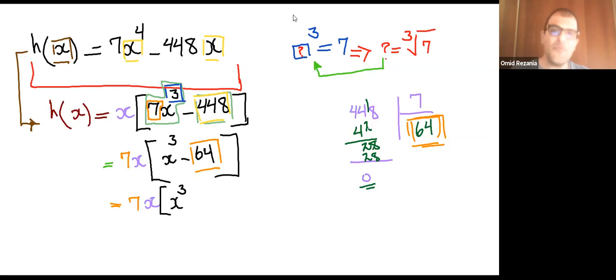I have 64. Can I work with the numbers in my mind? I use my brain to see if there is any number that, when it comes to the power 3, becomes 64.